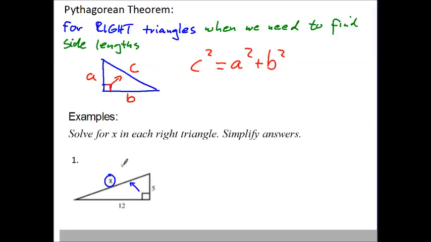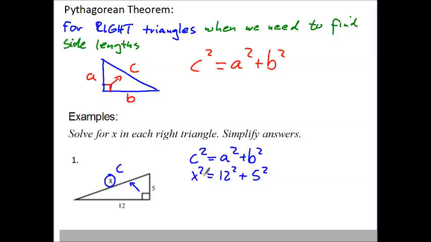That means that x is really our hypotenuse, in other words, our C. So using the Pythagorean theorem, C squared is equal to A squared plus B squared. A squared is 12 squared plus B squared is 5 squared. And again, since we're adding here, it doesn't matter whether you think A is 12 and B is 5 or B is 12 and A is 5. Okay?